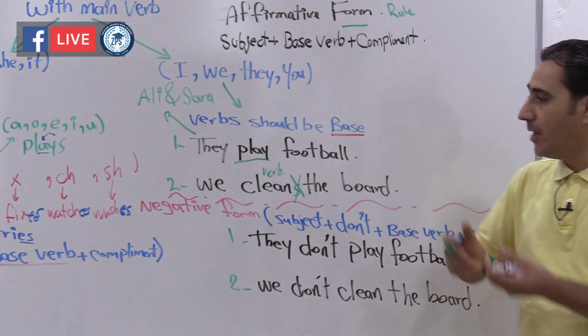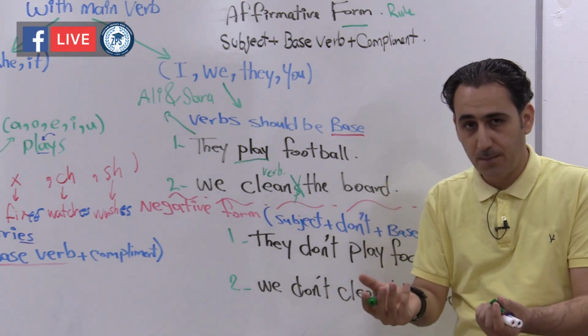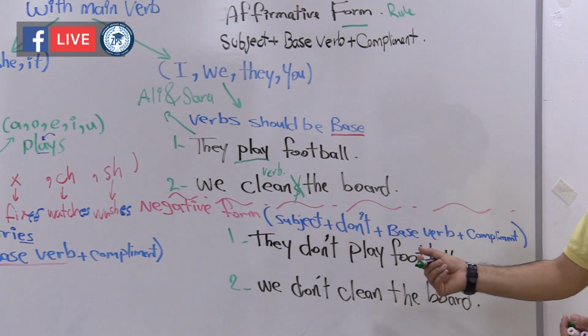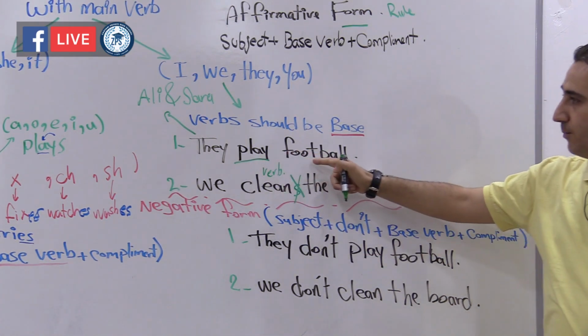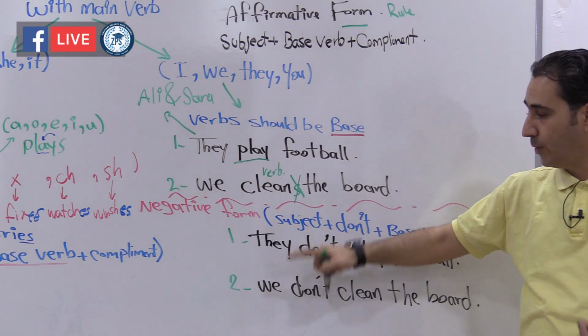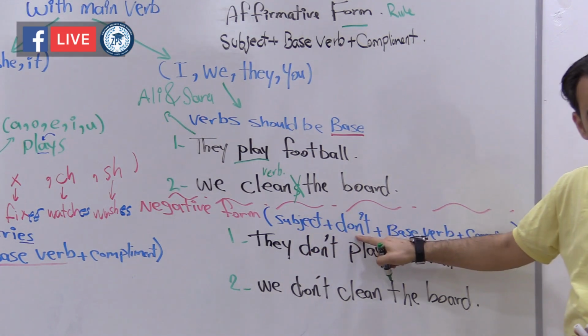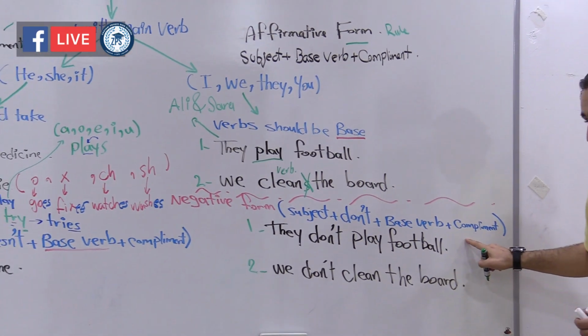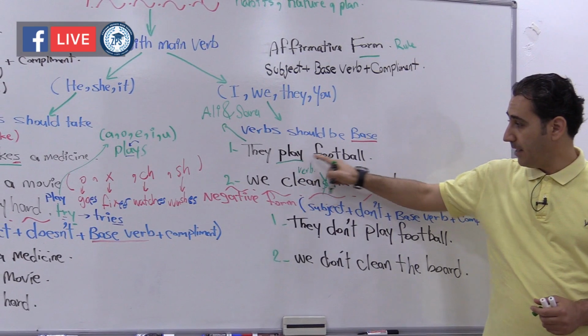So, Mr., how can we make a negative form with these plural nouns or pronouns? They play football. Look at the form: subject, like they or we and I, don't, base form of the verb, then complement. Look, they play football.